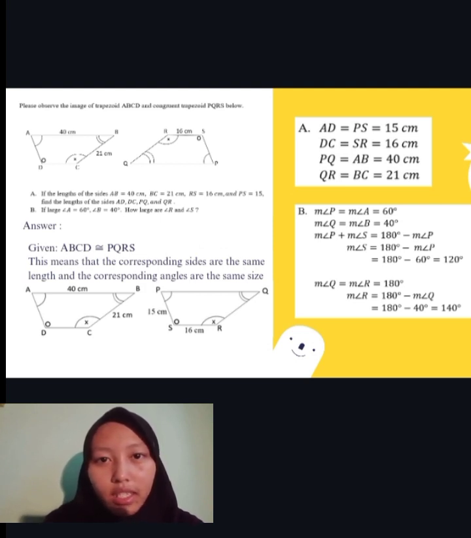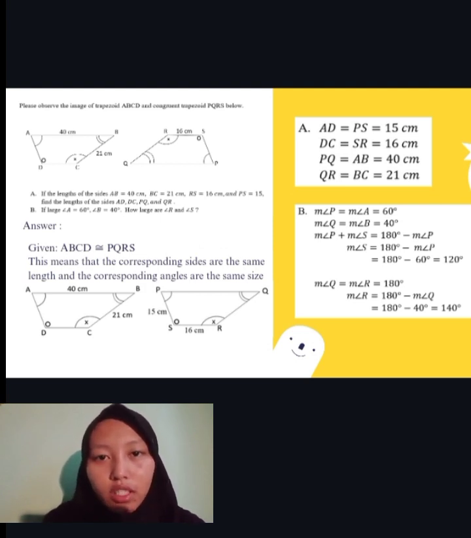For angle A, it is known in the problem that it is 60 degrees. Angle A corresponds to angle P, so we can write that the size of angle P is equal to the size of angle A because they correspond, and we get angle A of 60 degrees. That is, the measure of the angle P is also 60 degrees.